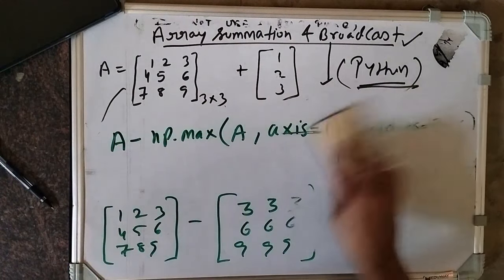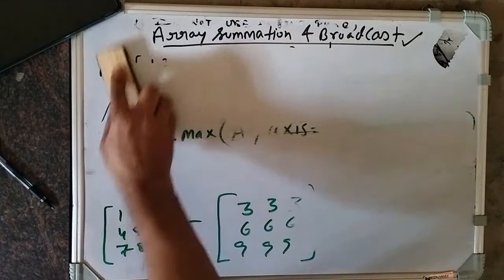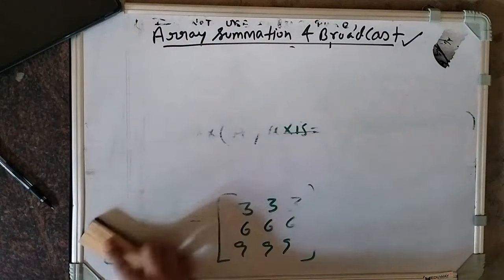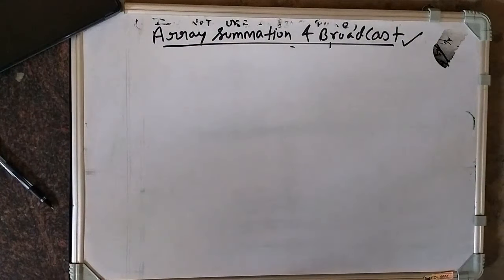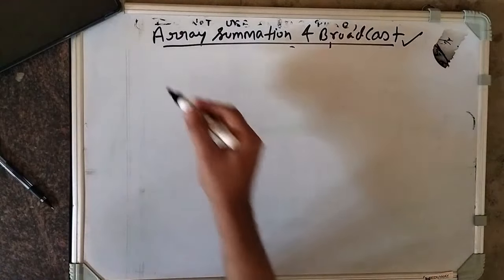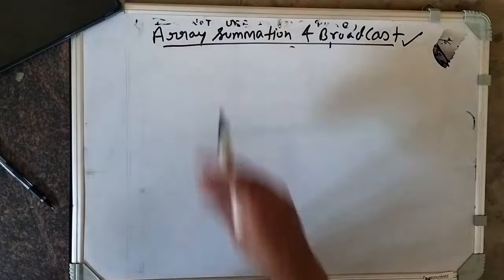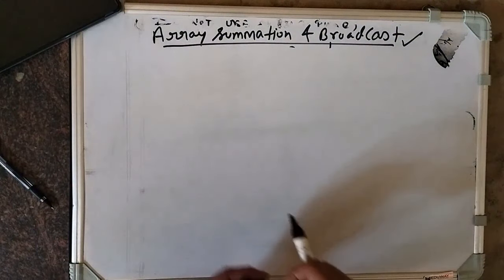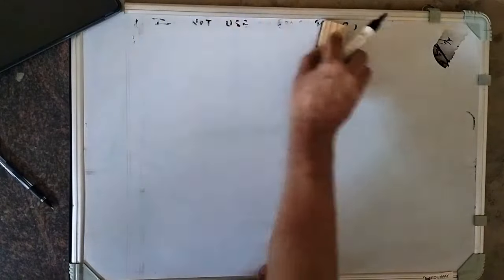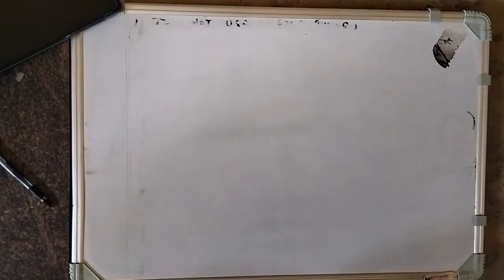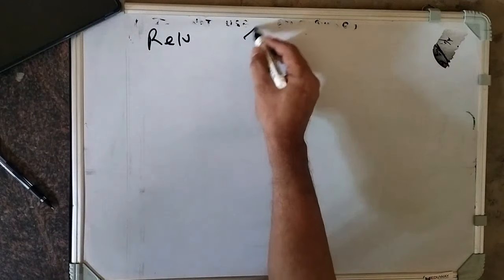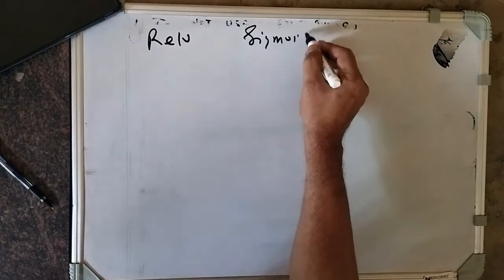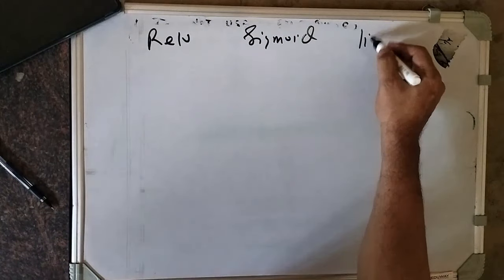Okay, now we will discuss something very important. Still we are not discussing the function, activation function. There are many activation functions, we will not discuss all of them. This time we are writing only one activation function, that is ReLU, and second activation function sigmoid, and third is linear.